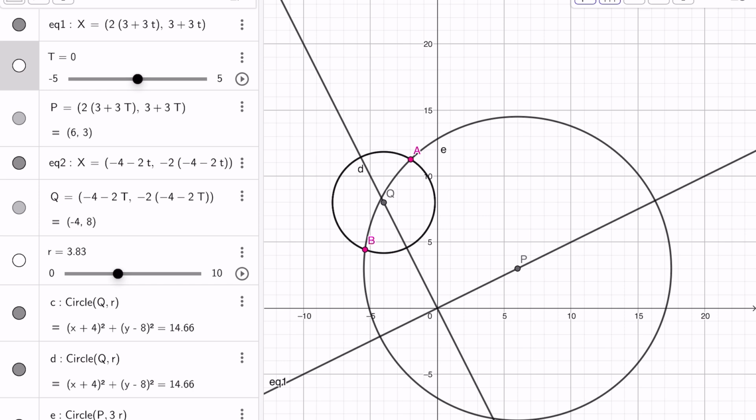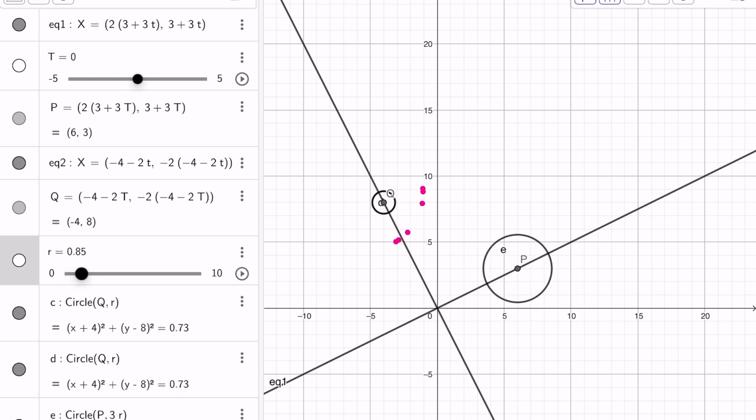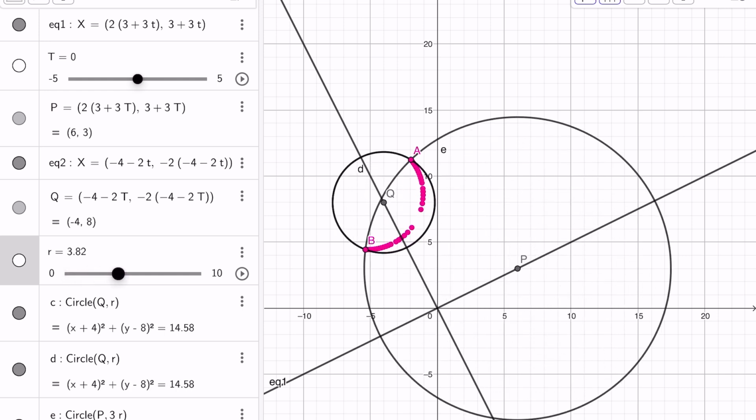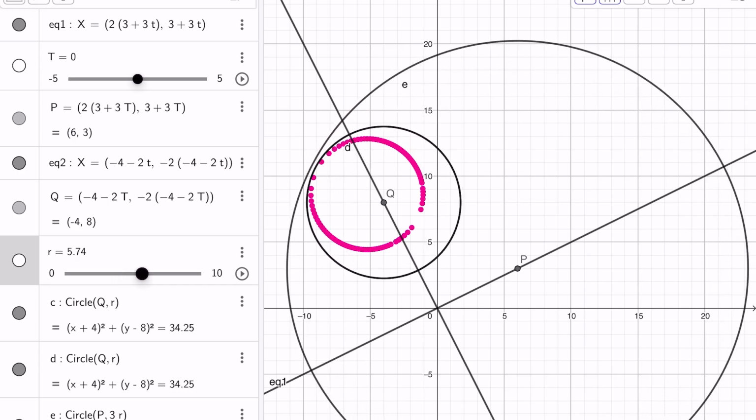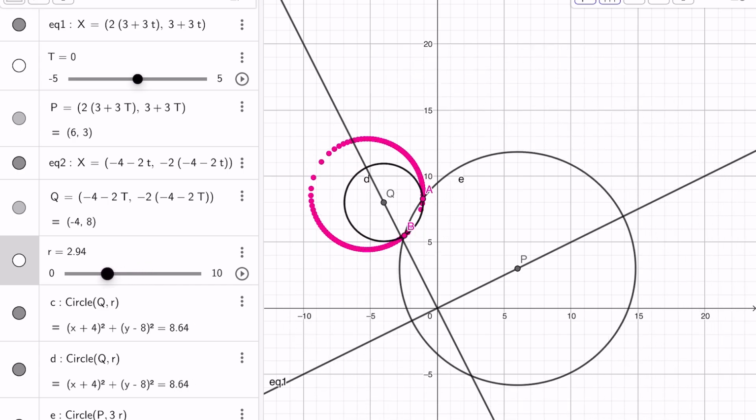So if you look at the coordinate A, for example, A is some distance away from Q. It's actually 3.83 away from Q, and it's a total of 3 times 3.83 away, because I've set these circles up so that one has a radius of r and the other has a radius of 3r. So A and B there are points that are on the locus of Z at this particular point in time. And if I just move these circles and make them smaller and bigger, then that there in pink is the locus of Z currently.